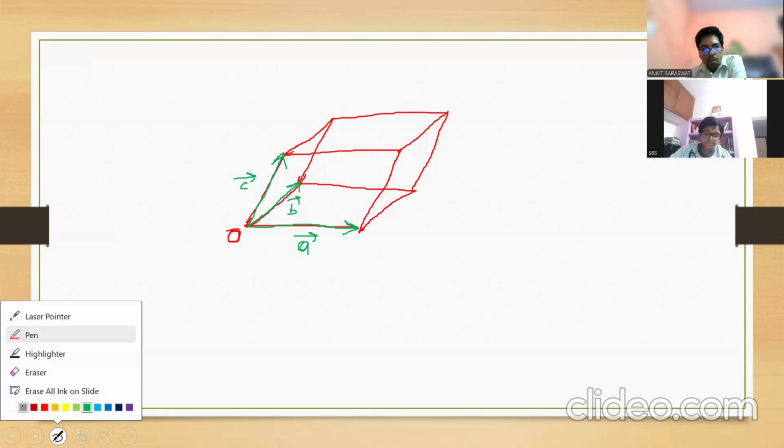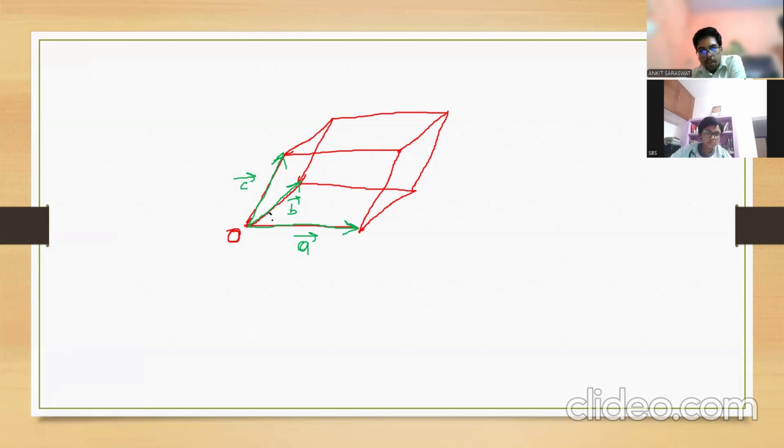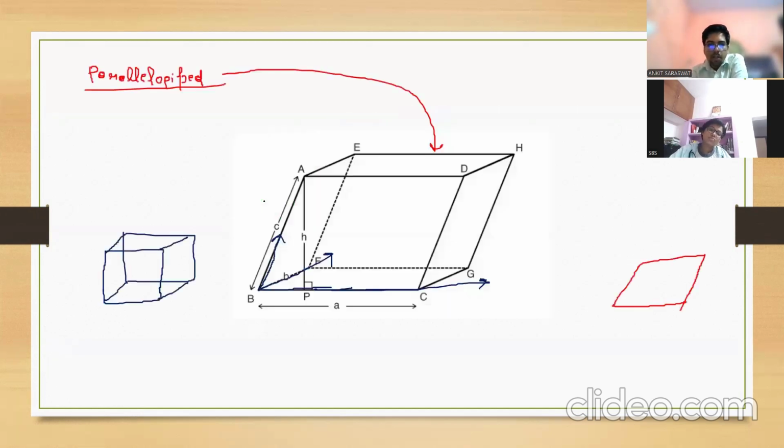Let us suppose this angle is alpha, the angle between B and C. A and B are lying in the XY plane. C is inclined to B and A, like I have shown now. Understood?